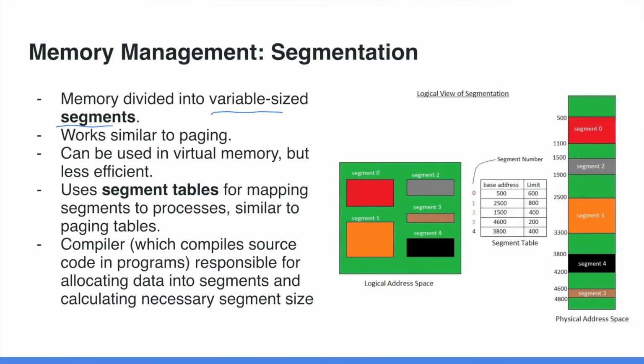And it's oftentimes less efficient, partly because segmentation requires more overhead because the correct segment size needs to be calculated and certain things need to be done in order for segmentation to take place.